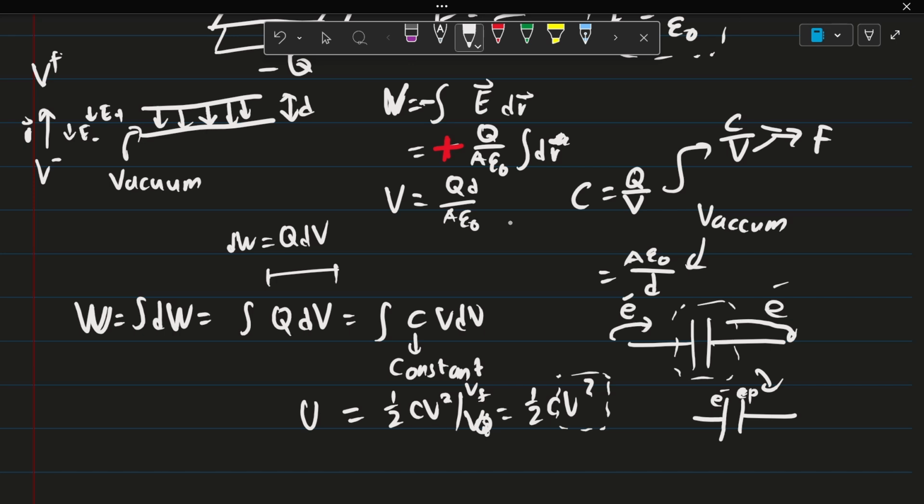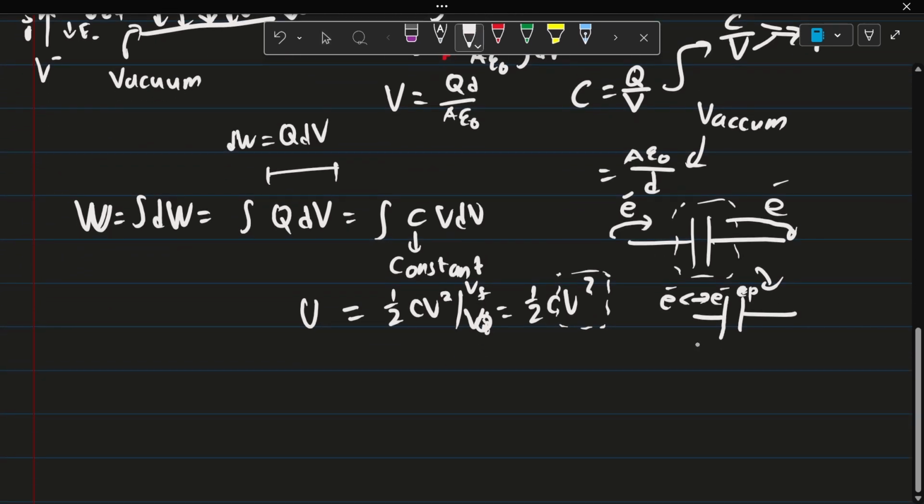When you actually try to add many more electrons into it, you would see that there is some form of repulsion going on inside of one half of the capacitor. So this is very similar to a spring. You could just imagine that it's like a box here, and then you are trying to push a spring into this wall.